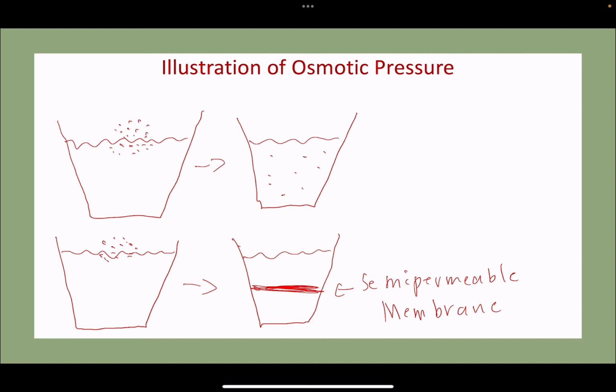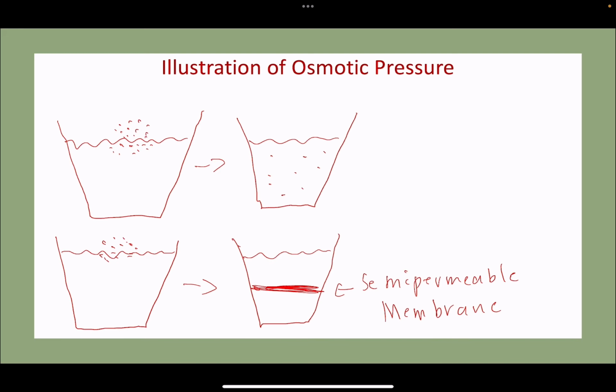Semi-permeable means that certain substances are allowed through, while others aren't. Let's say that this semi-permeable membrane allows sugar molecules to pass through while stopping water molecules. The membrane itself is added after the sugar is thrown in.